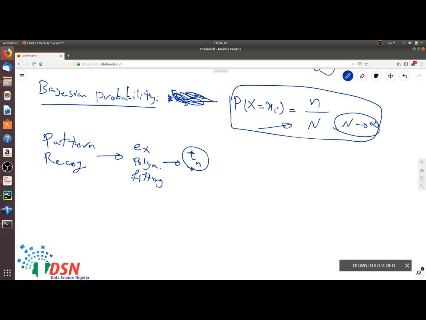But the Bayesian interpretation has a very different perspective.